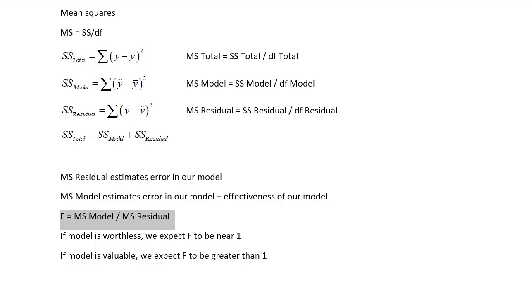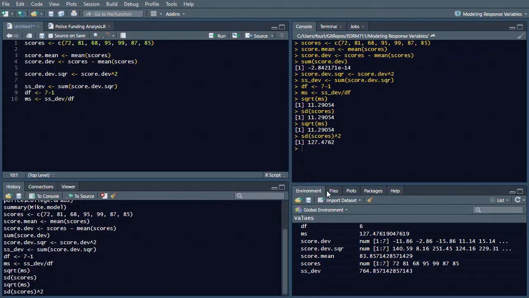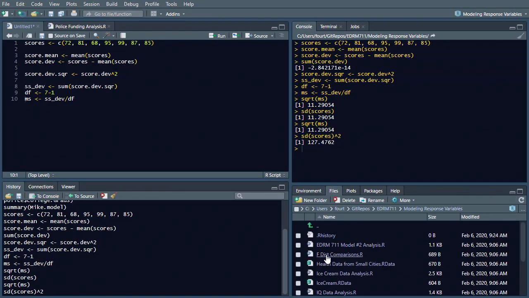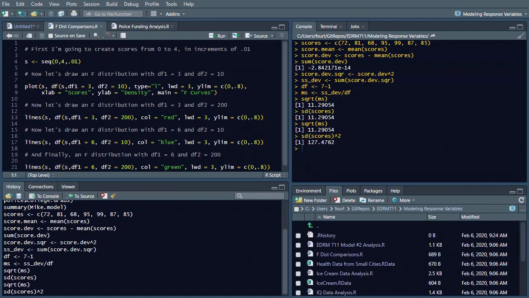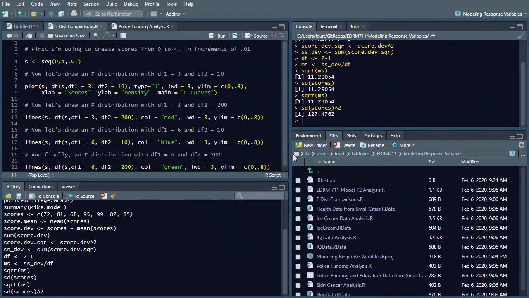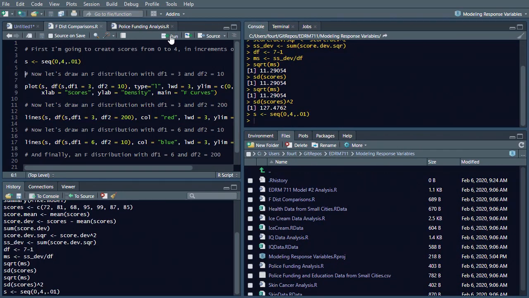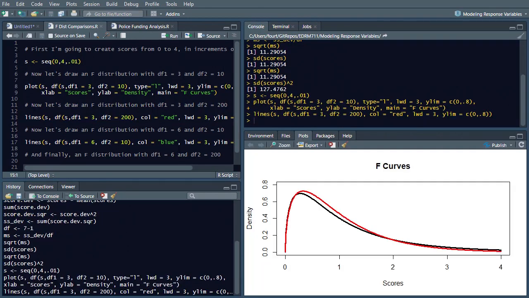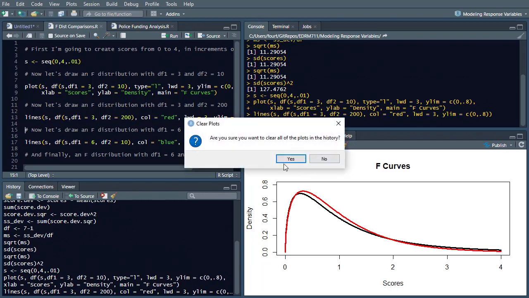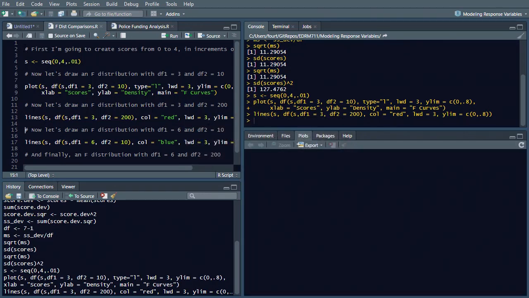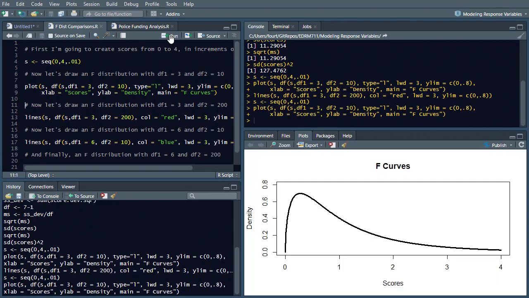So in class last time, I actually showed you some F distributions. Let's take a look at one right now and use this context to explain it a little more. Actually, let me go ahead and clear that out, and let's just look at one distribution instead of a couple. Okay, so what is this a distribution of?